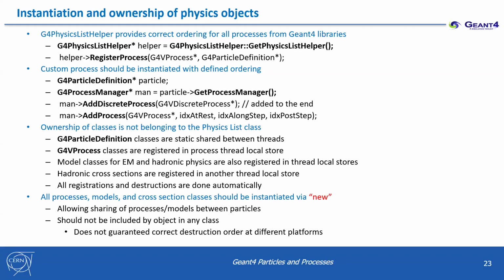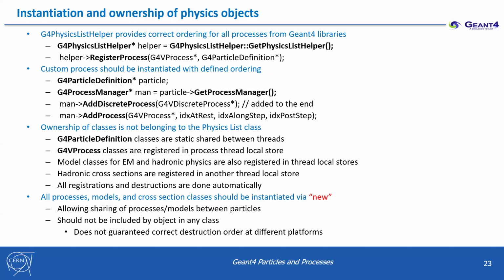In order to handle all this, we use a so-called registration mechanism where all cross sections, processes, and models are registered in a thread-local store, and the store is responsible for destruction of objects.